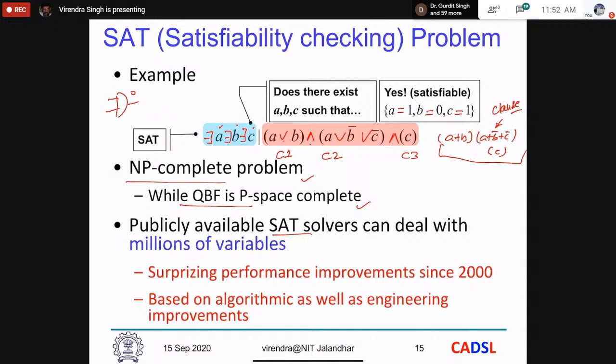Every year there is a competition for SAT solvers, and people are coming up with nice algorithms to make them faster. So every year, like Moore's law, the capability of the SAT solver is also growing. The first algorithm for SAT solving came in 1960 by four gentlemen, and based on their names, it was named the DPLL algorithm.